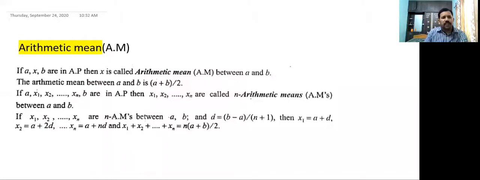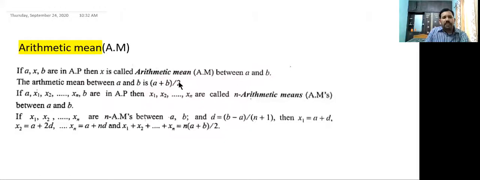If a, x, b are in arithmetic progression, then x is called the arithmetic mean between a and b. The arithmetic mean between a and b is (a plus b) by 2. This is a formula.